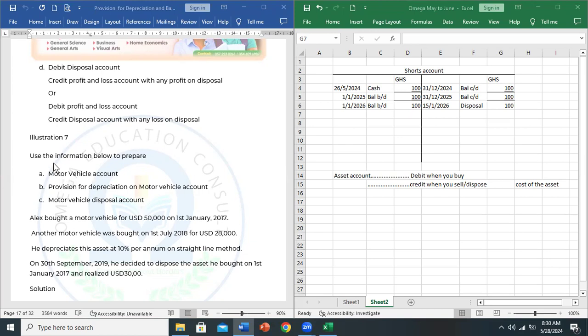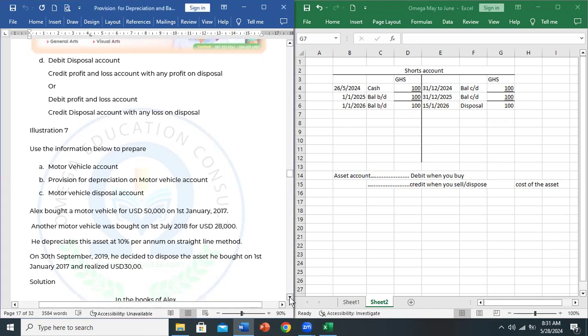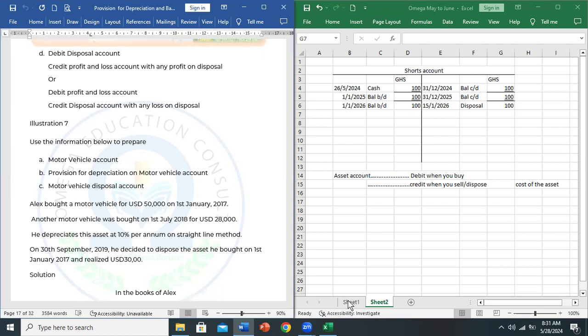The illustration 7. So, use the information below to prepare A. Motor vehicle account. B. Provision for bad debt on motor vehicle account. C. Motor vehicle disposal account.